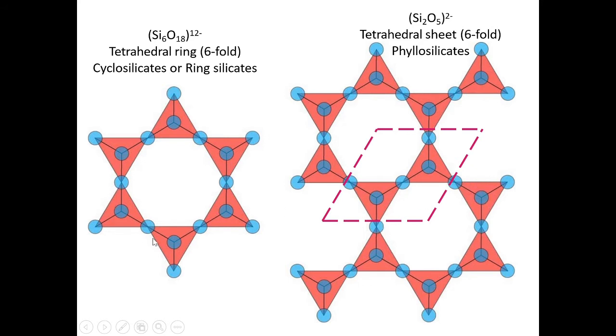In the case of a ring, one tetrahedron is sharing two of its oxygens, while in a sheet structure, one tetrahedron is sharing three of its oxygens. Okay. So this one is cyclosilicate, this one is the phyllosilicates, which we will discuss later.